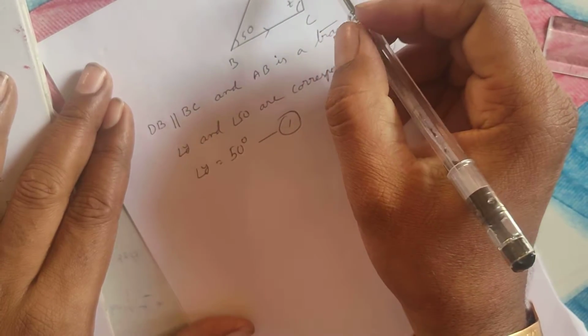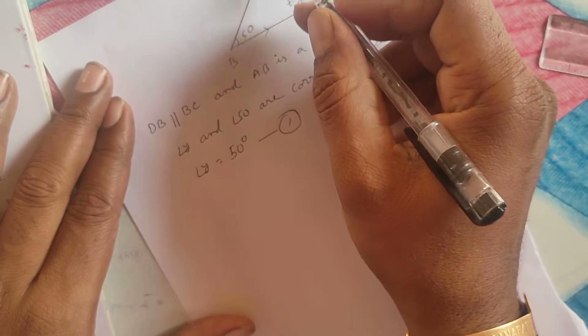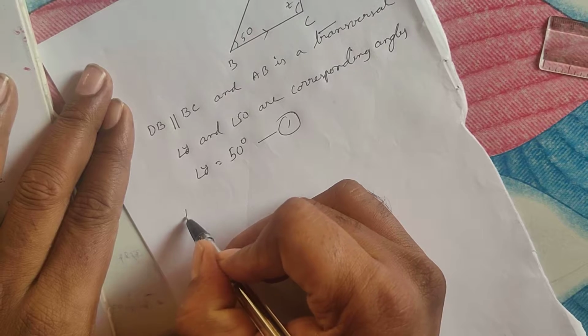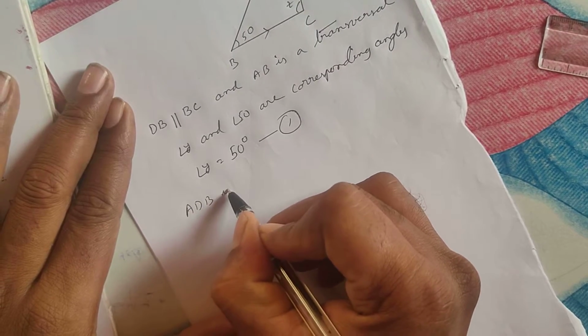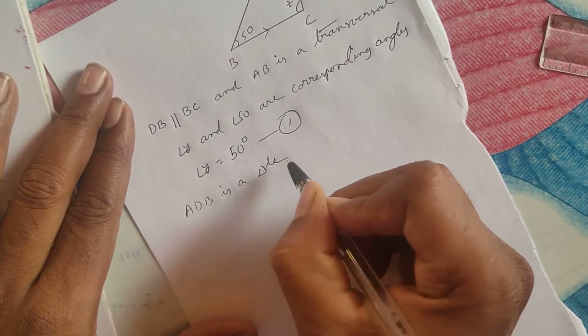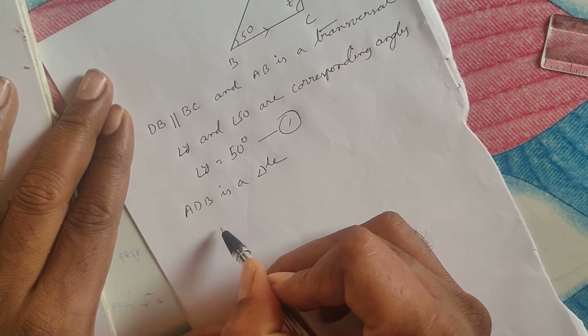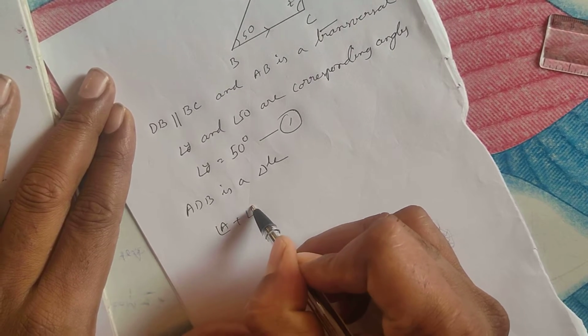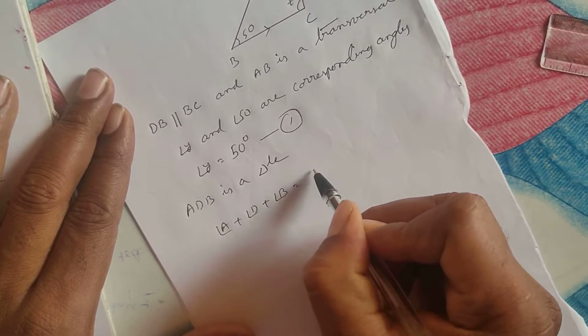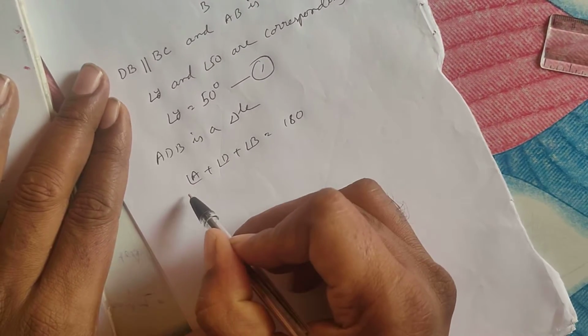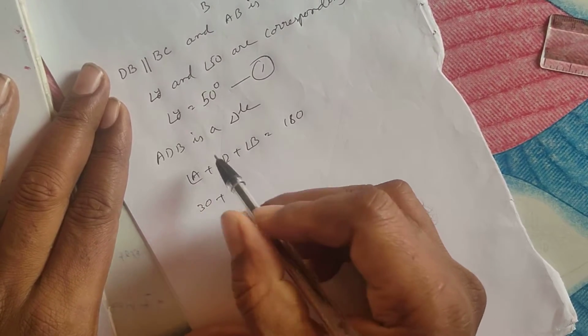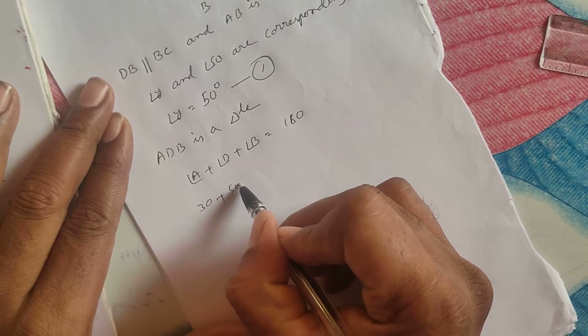ADB is a triangle. So in a triangle, by the angle sum property, angle A plus angle D plus angle B is equal to 180 degrees. Angle A they gave as 30. Angle D we just found is 50.